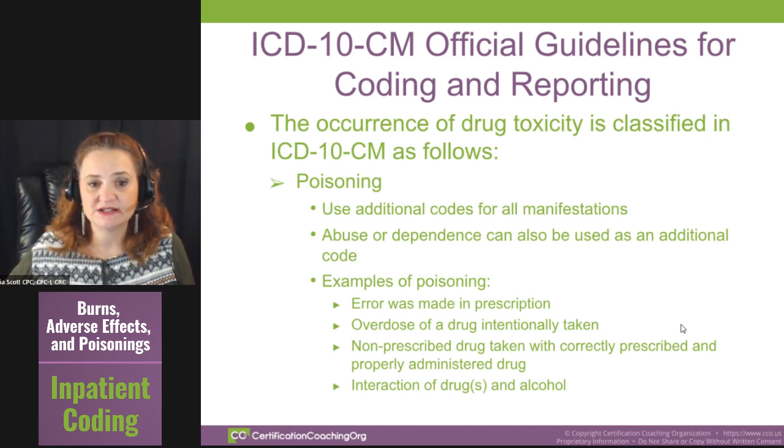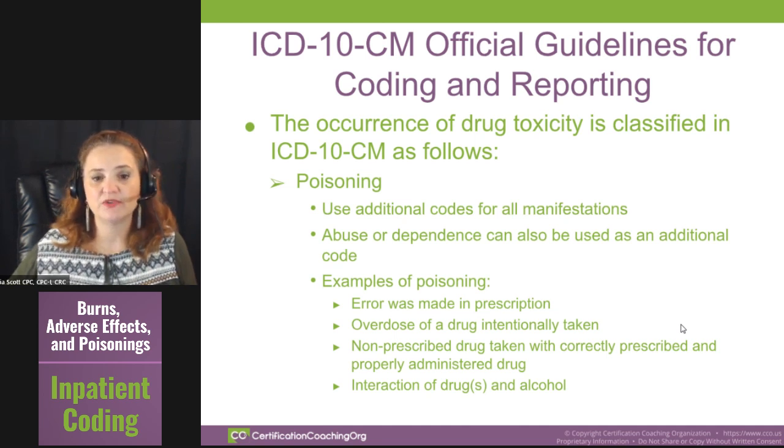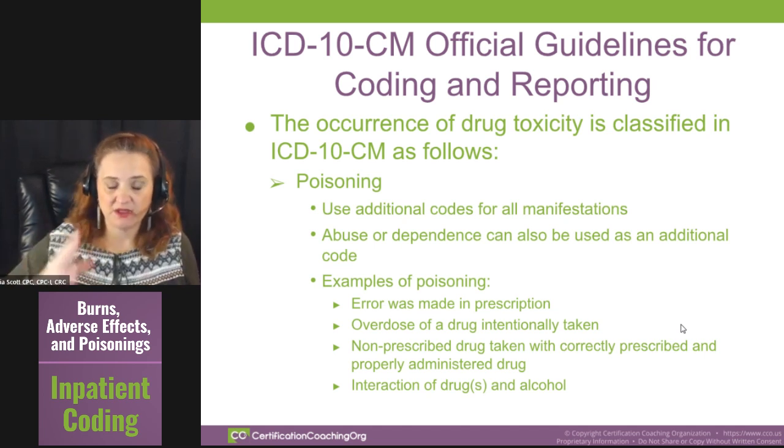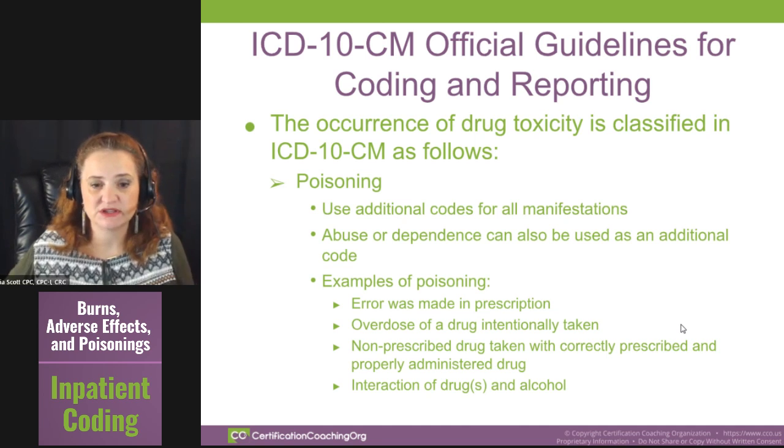Abuse or dependence can also be identified in poisonings. So if you have a person who is a heroin addict, they are abusing it and they've poisoned themselves. They've overdosed on heroin. Some examples of poisonings to just kind of help you think outside the box if you've not been exposed to these.